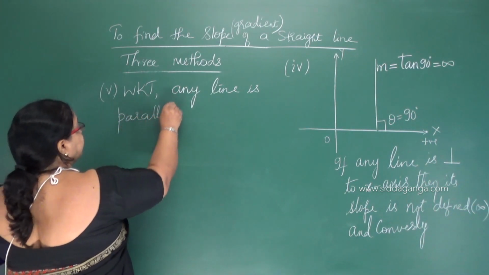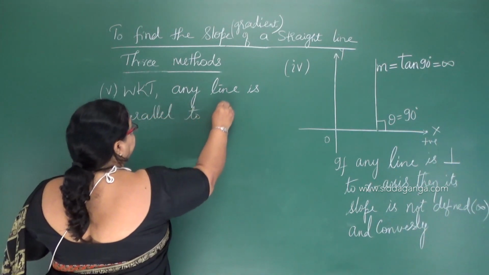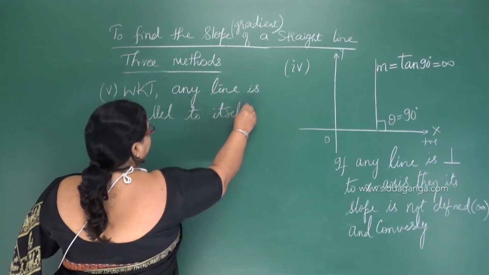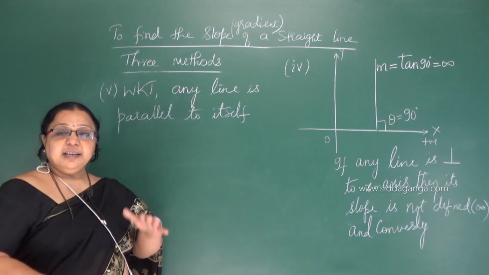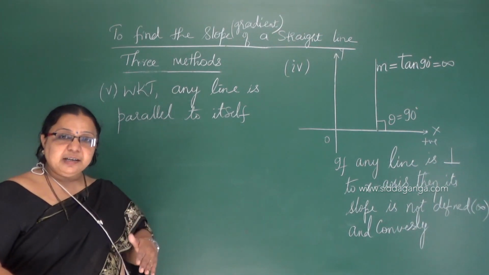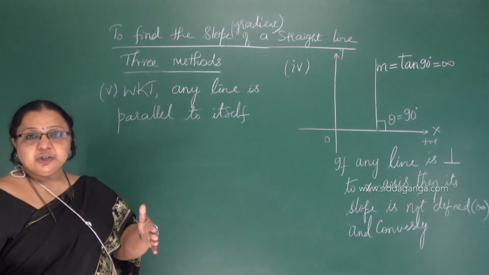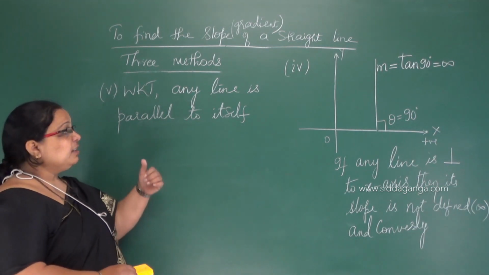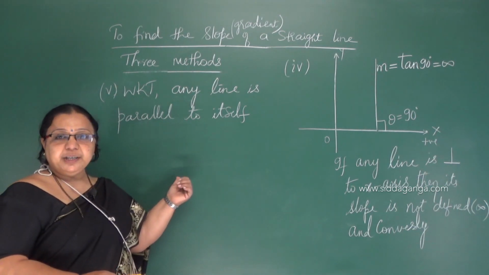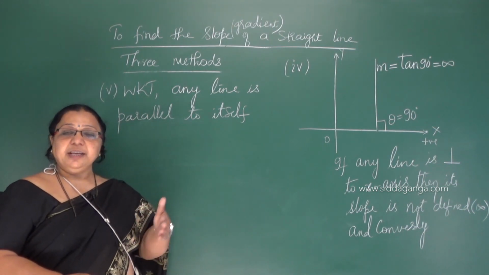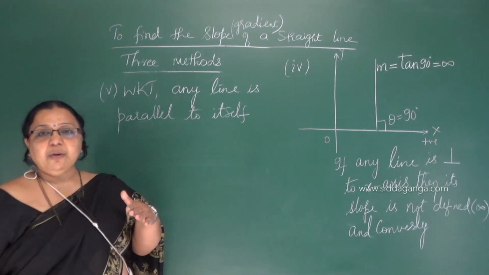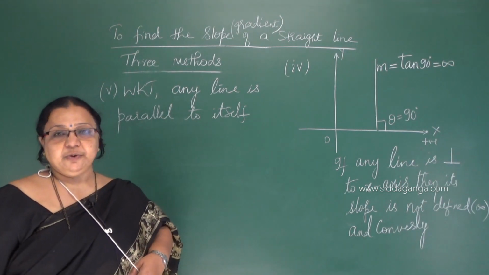Any line is parallel to itself. So we know this property, which means that x-axis is parallel to itself. So therefore already in the third subunit we know that if any line is parallel to x-axis, then the slope of such line is 0.